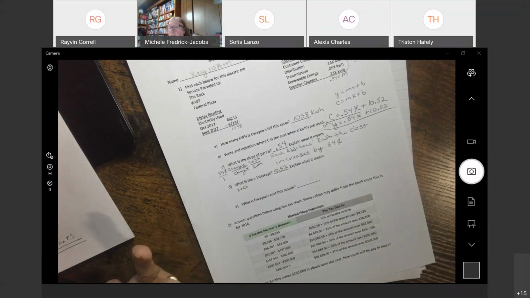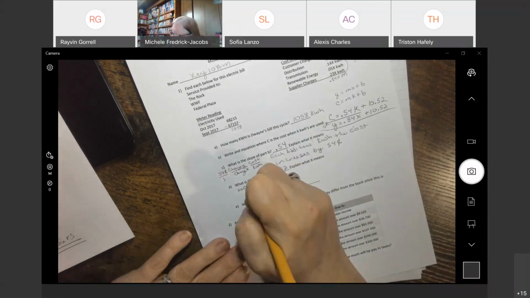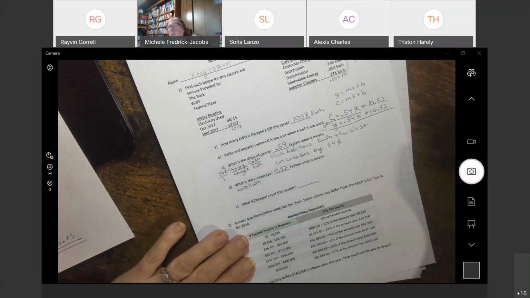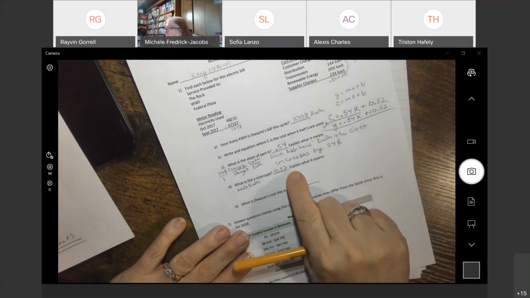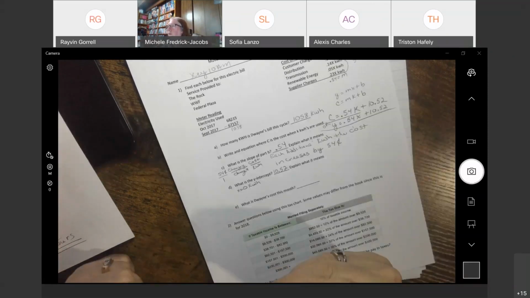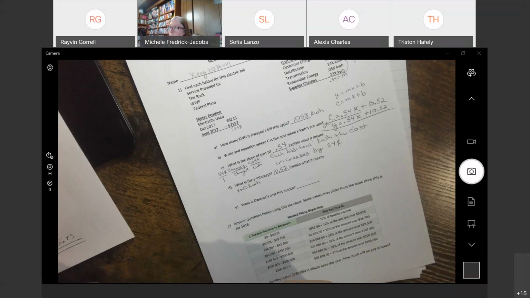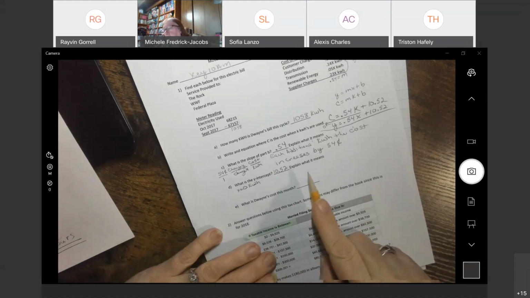X was the number of kilowatt hours, so that means we're using 0 kilowatt hours. So how could we explain what this $10.52 is? How many kilowatt hours are we using to get the 10.52?